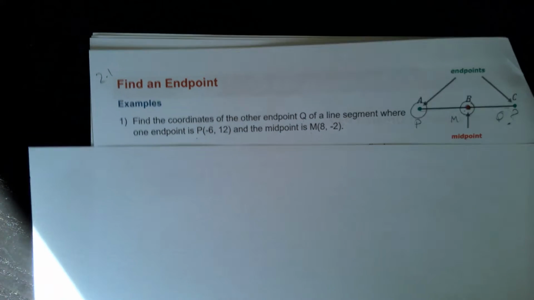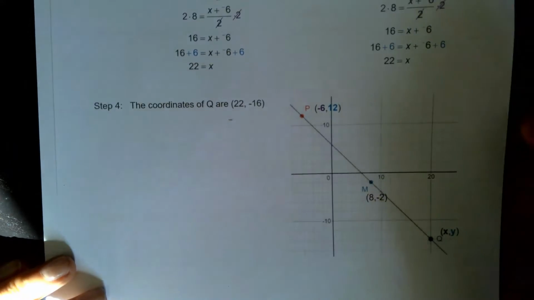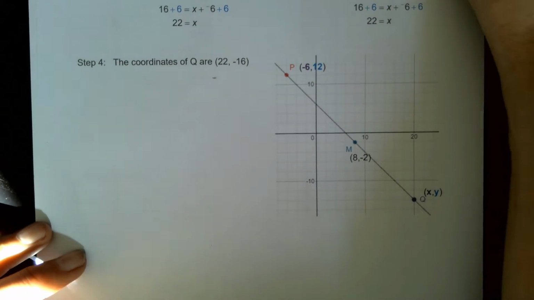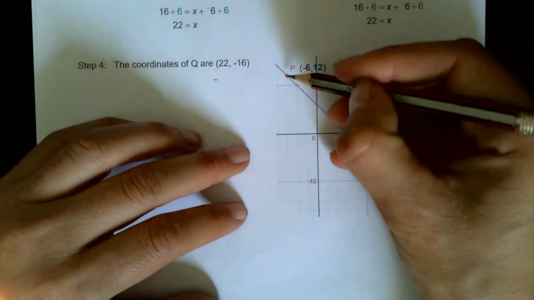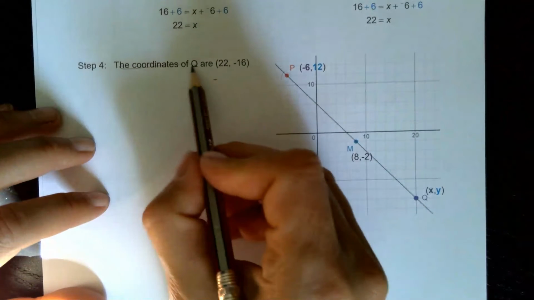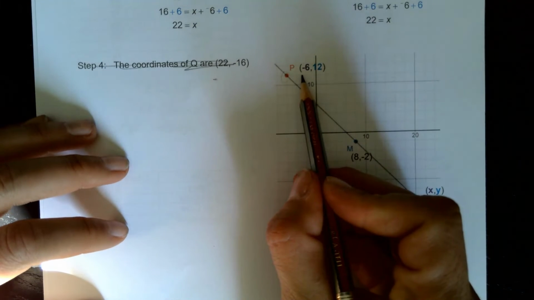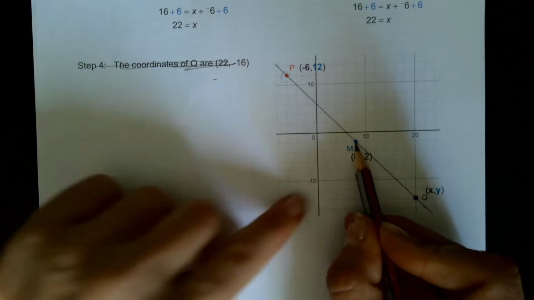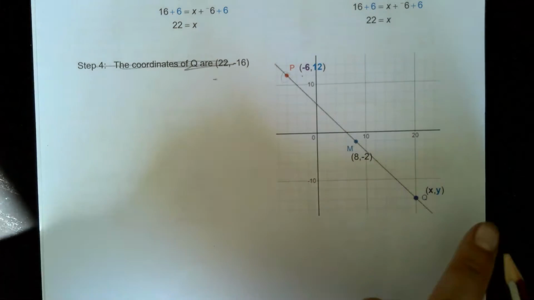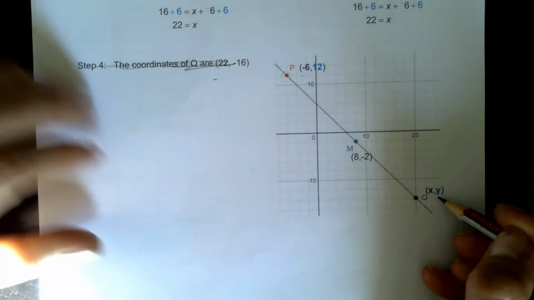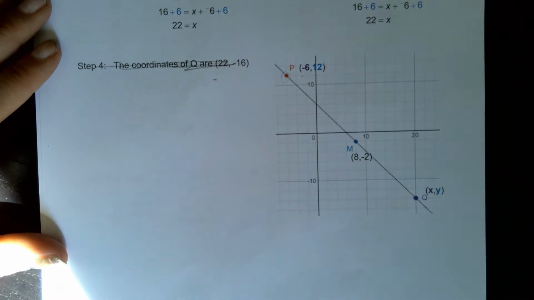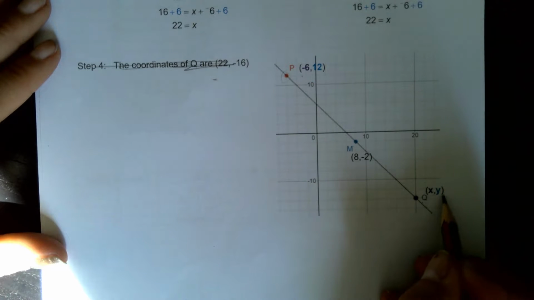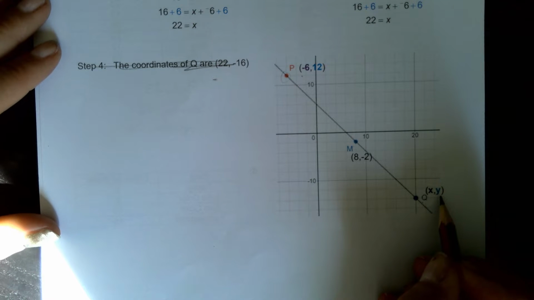The first thing that I do is draw it, because it helps me understand. Here's point P, and here's the midpoint. Because this is the midpoint, point Q is on the other side. I just say, okay, let Q equal (x, y), because we don't know what the coordinates are.